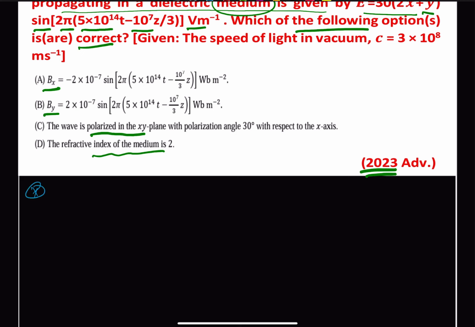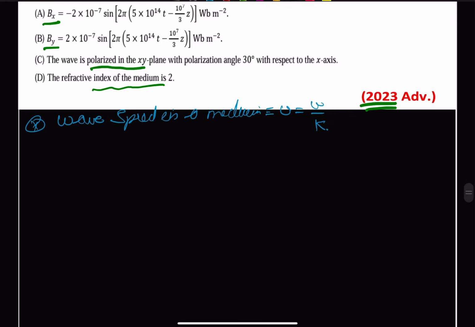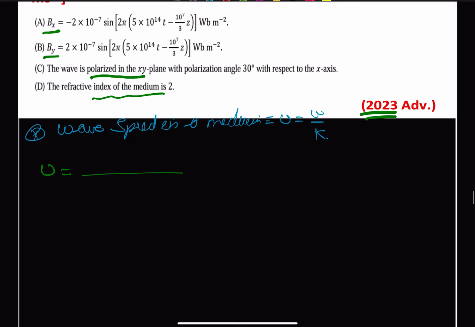So we can say wave speed in a medium, that is our V, will be equal to omega upon k, angular frequency upon wave number. Omega is our 2 pi into 5 into 10 raised to power 14.